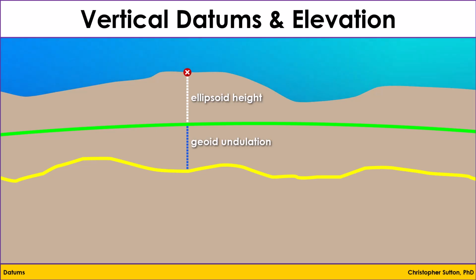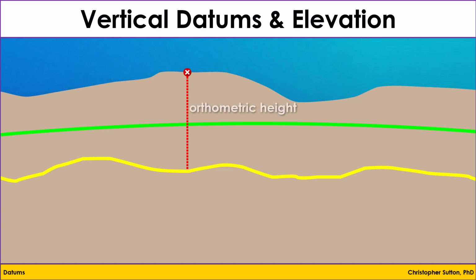By combining ellipsoid heights with geoid undulations, NAPGD 2022 calculates orthometric heights, which represent elevations above mean sea level. So the example I gave in the previous video of a mountain having a summit at 1,000 meters above sea level, that is an orthometric height.